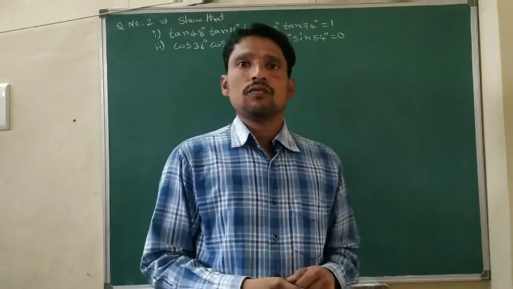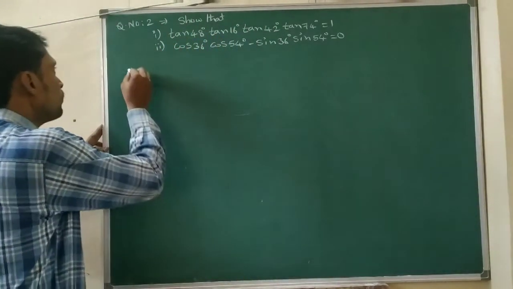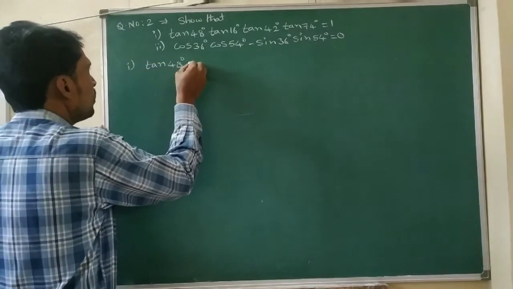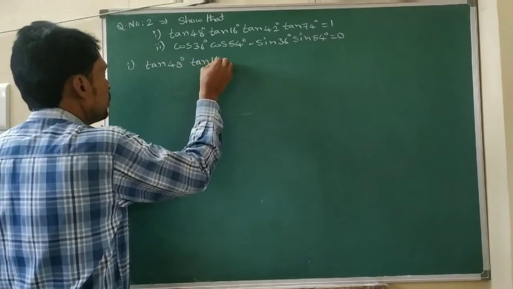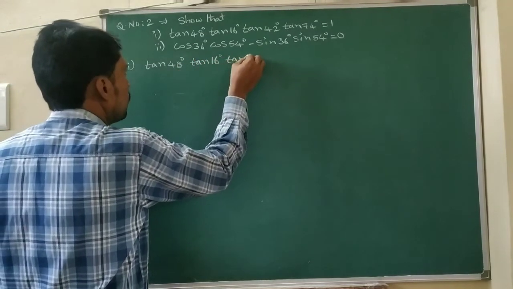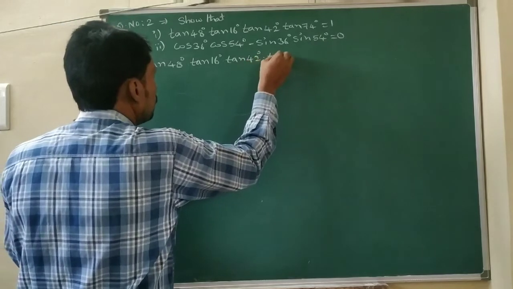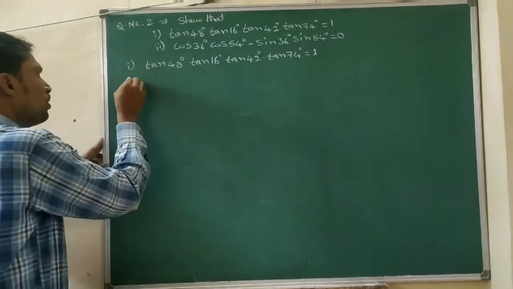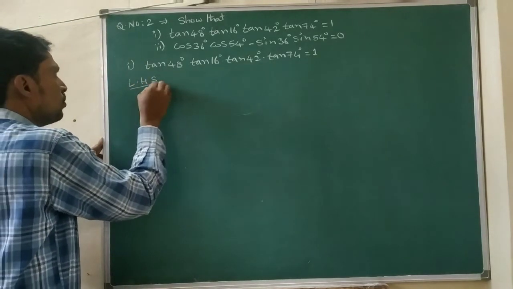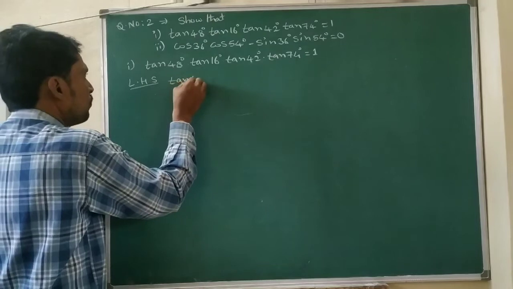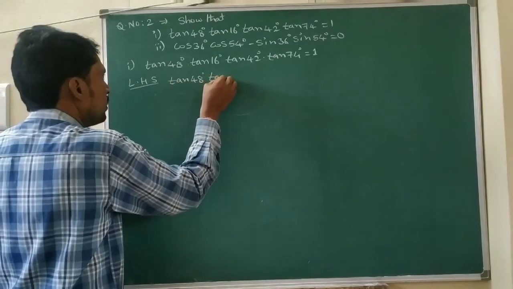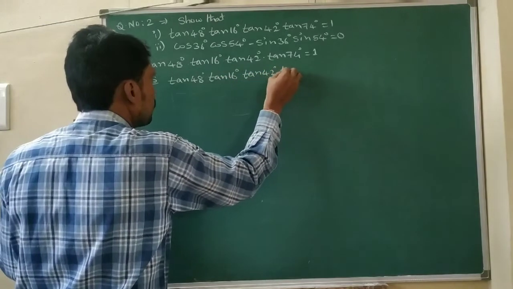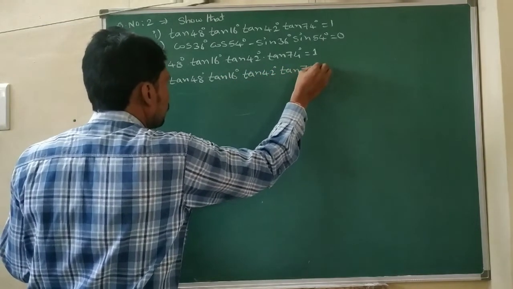Let us see the first question: tan 48 degrees into tan 16 degrees into tan 42 degrees into tan 74 degrees equal to 1, we need to show. So now I am taking LHS. LHS is tan 48 degrees, tan 16 degrees, tan 42 degrees, tan 74 degrees.